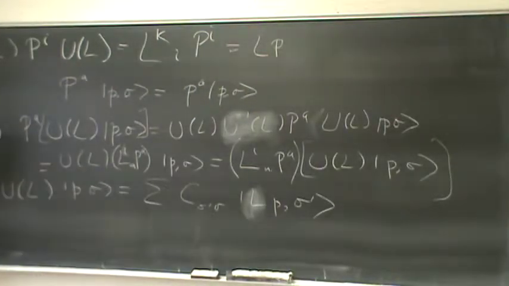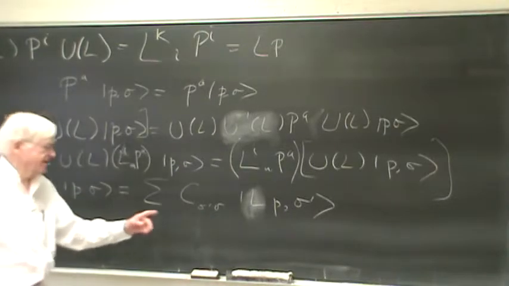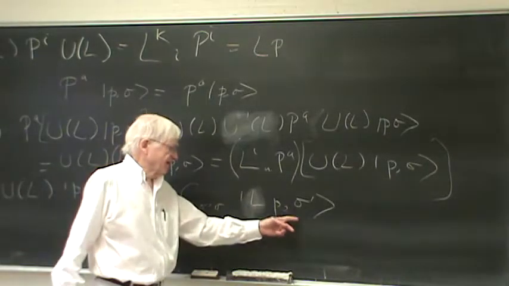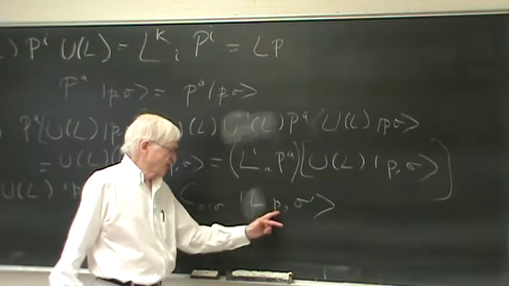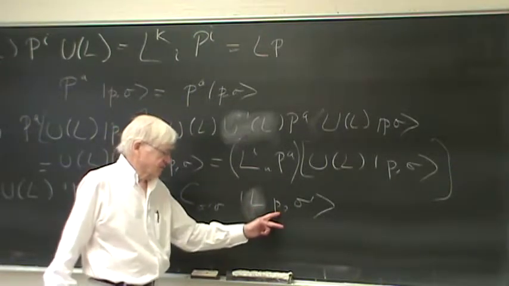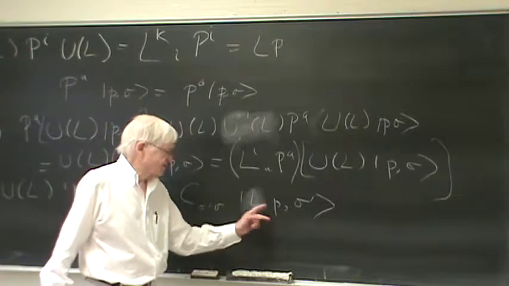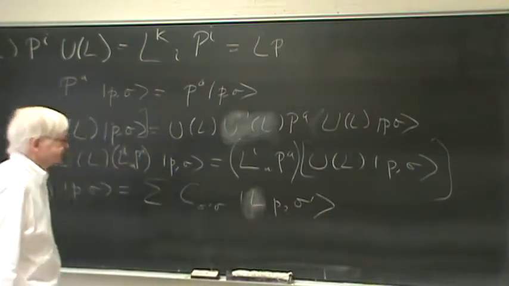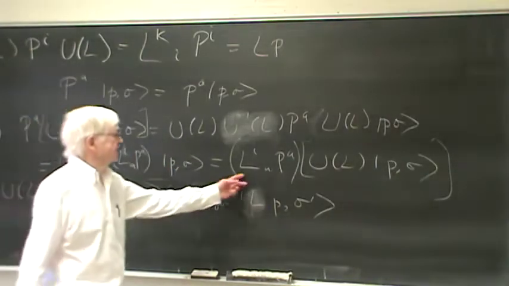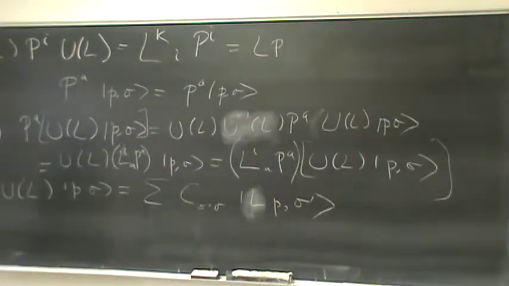So in other words, this is telling us that the unitary transformation corresponding to Lorentz transformation on the state P sigma is a linear combination of states with momentum LP. LP being this here.